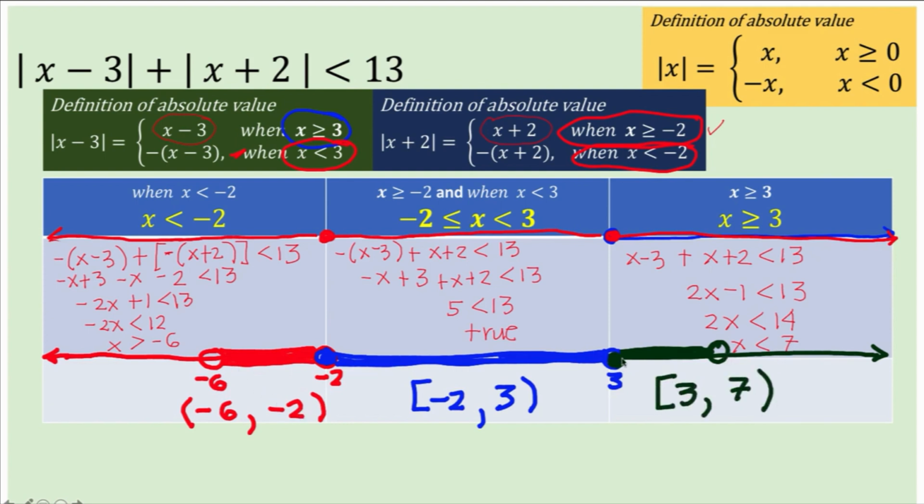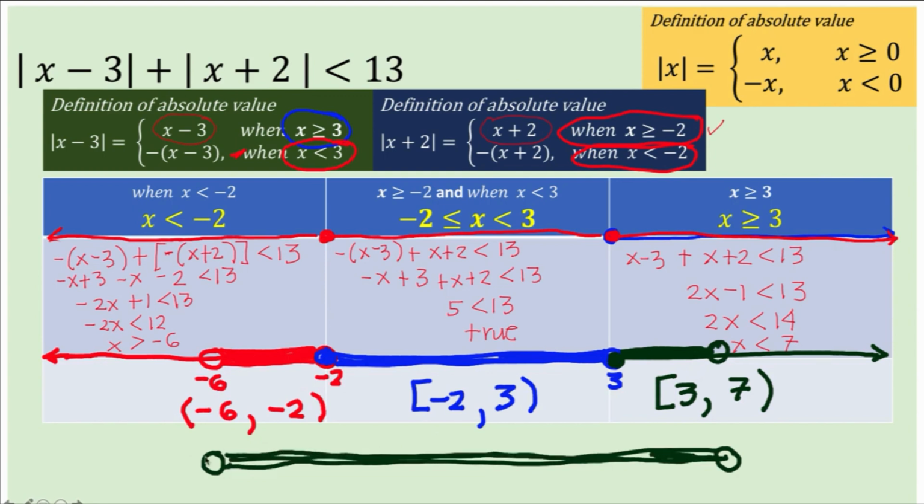Now getting the union of these three solution sets, we have a solution set from -6, open interval, all the way to 7, open interval, and all the points in between are connected. So this is now our graph, and our solution set is from -6, open interval, up to 7, open interval.